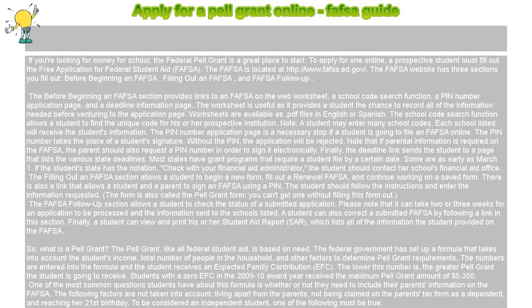Students with a 0 EFC in the 2009-10 award year received the maximum Pell Grant amount of $5,350. One of the most common questions students have about this formula is whether or not they need to include their parents' information on the FAFSA.